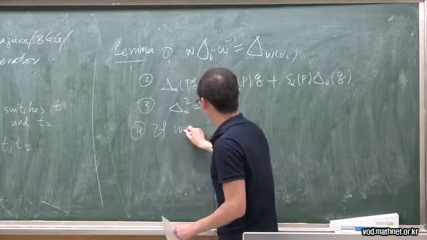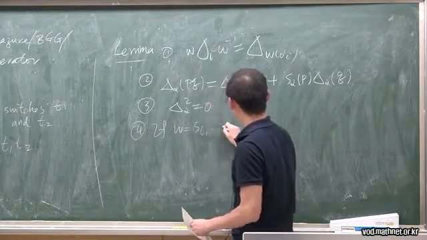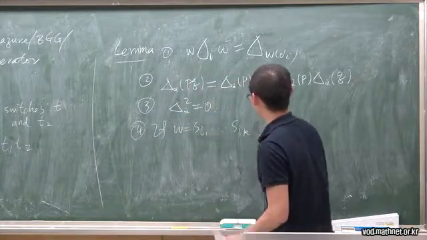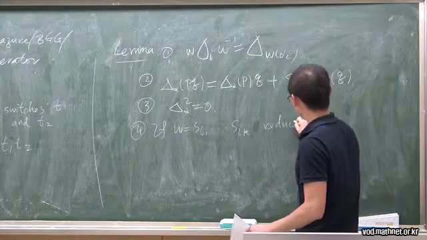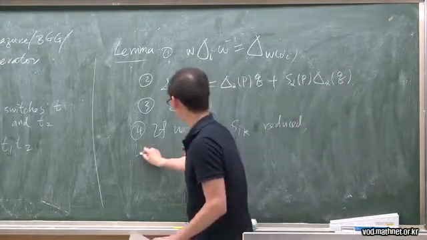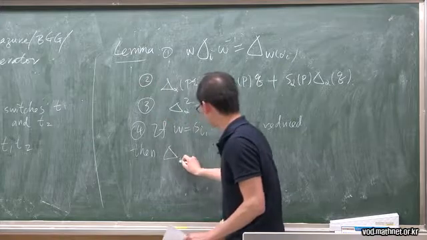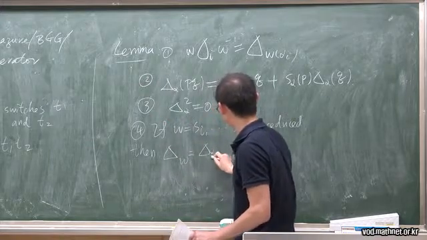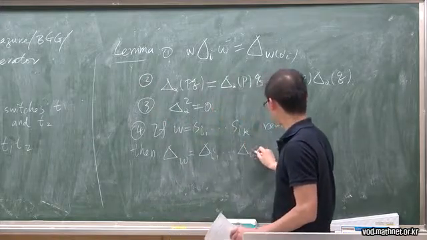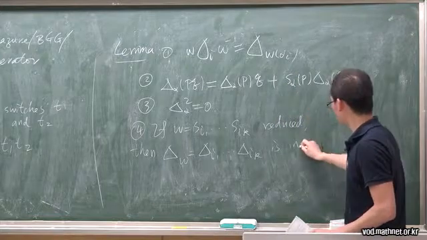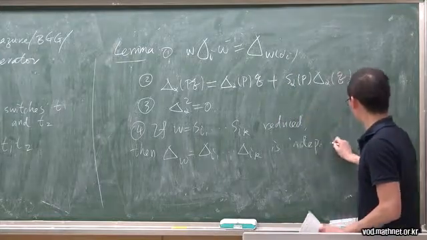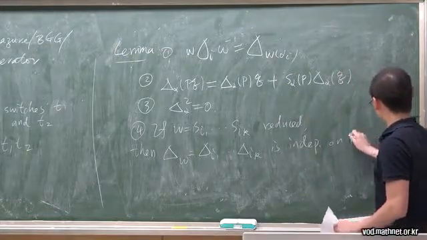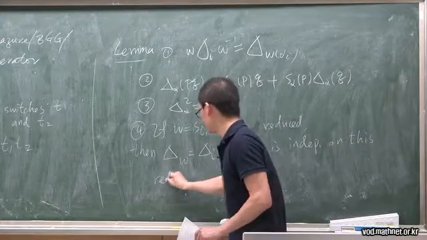If w, if you have a reduced sequence, then delta w, defined by delta i1 through delta ik, is independent of this reduced sequence.